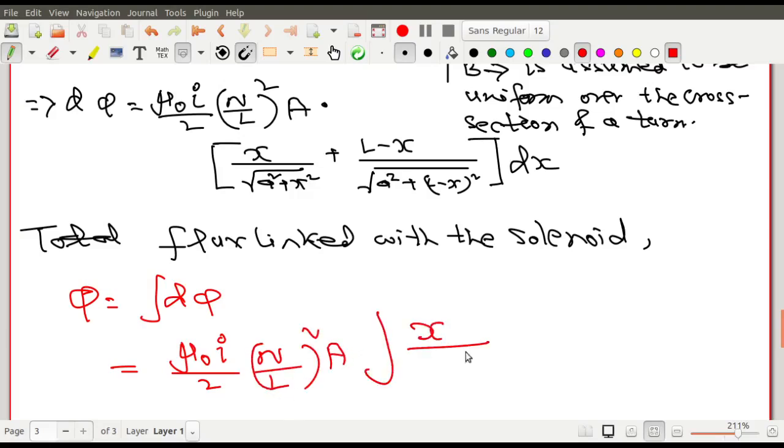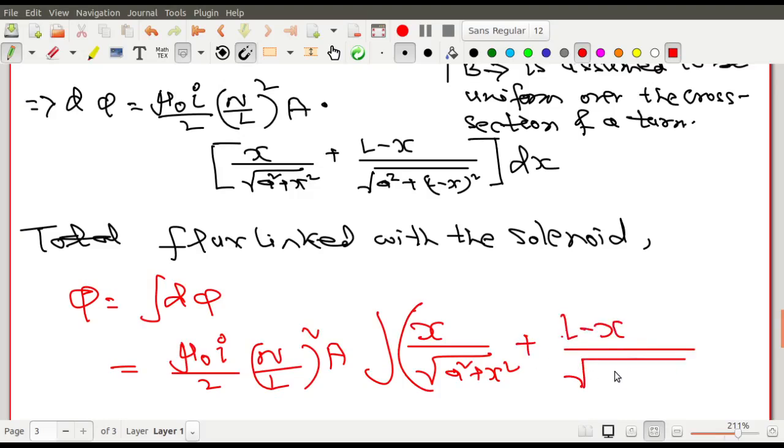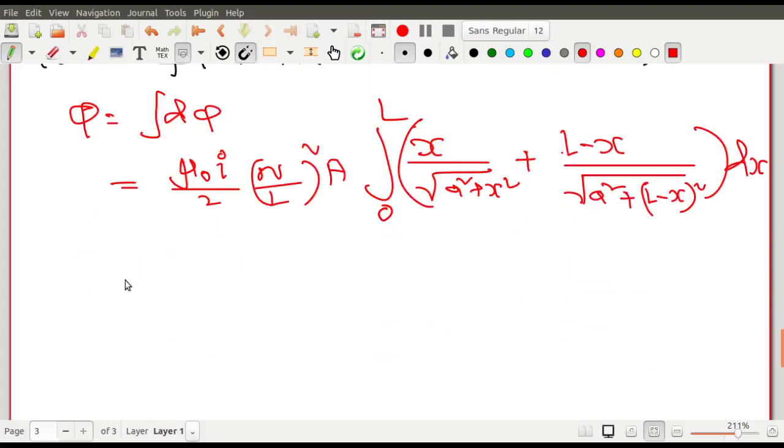Integration of x over root of a square plus x square. The limit of integration is from 0 to L, the total length of the solenoid. Okay.